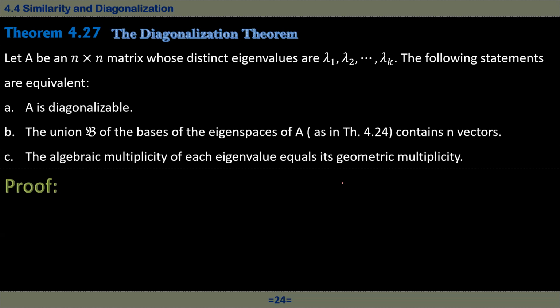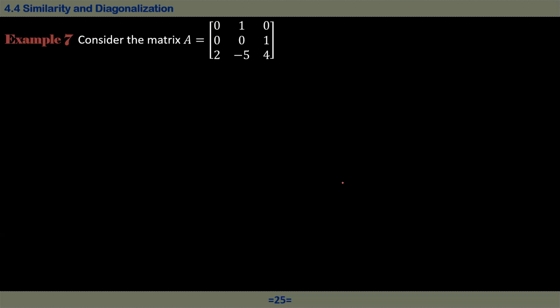So A is diagonalizable. If it is diagonalizable, then the union B of the bases of the eigenspaces of A contains n vectors. Then the algebraic multiplicity of each eigenvalue equals its geometric multiplicity. We will see them in an example.